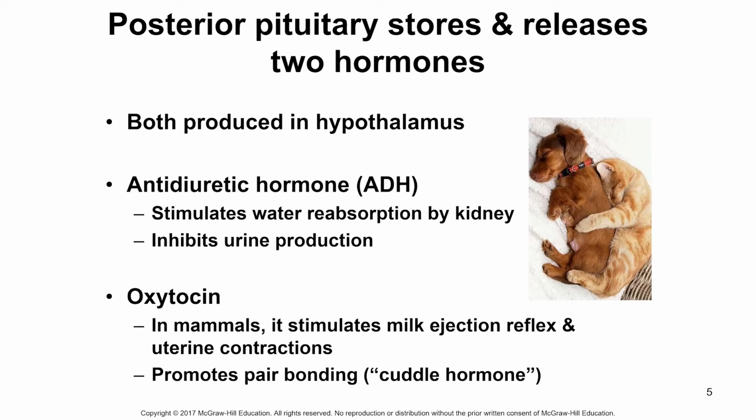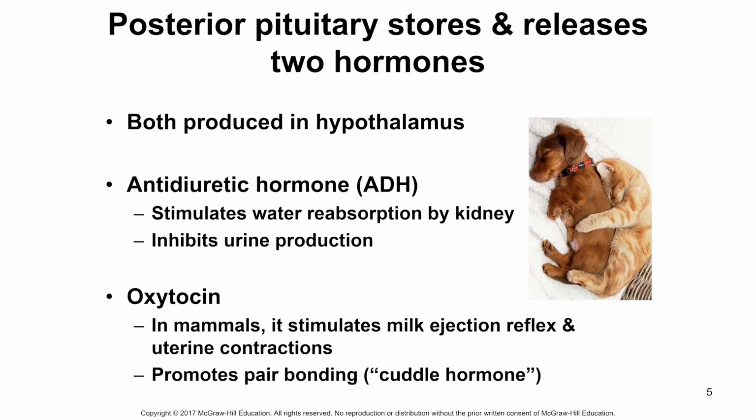It inhibits urine production, and we talked about it during one of the kidney lectures regarding its role in the insertion of additional aquaporins in the collecting ducts of the nephron, which then triggers an increase in water moving from the collecting duct back into the renal medulla of the kidney, which decreases urine output.